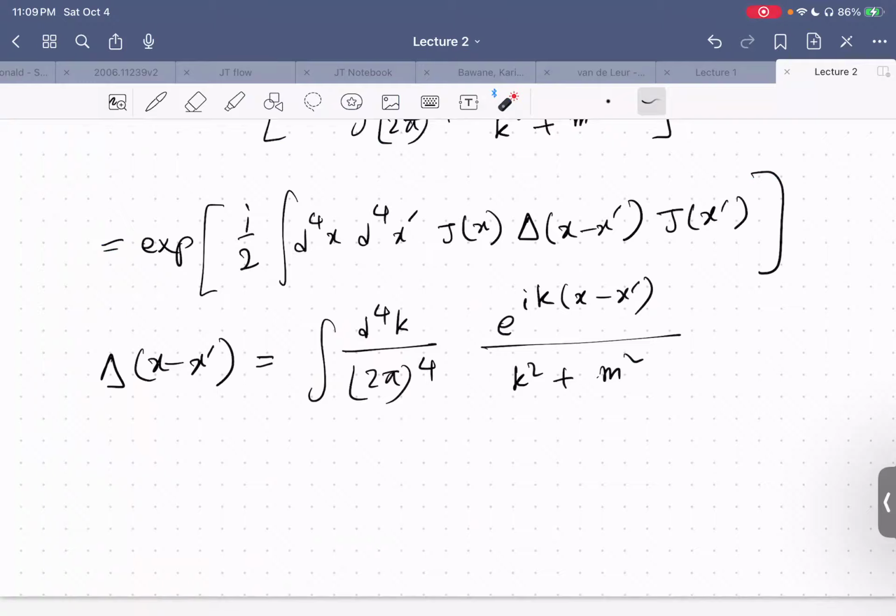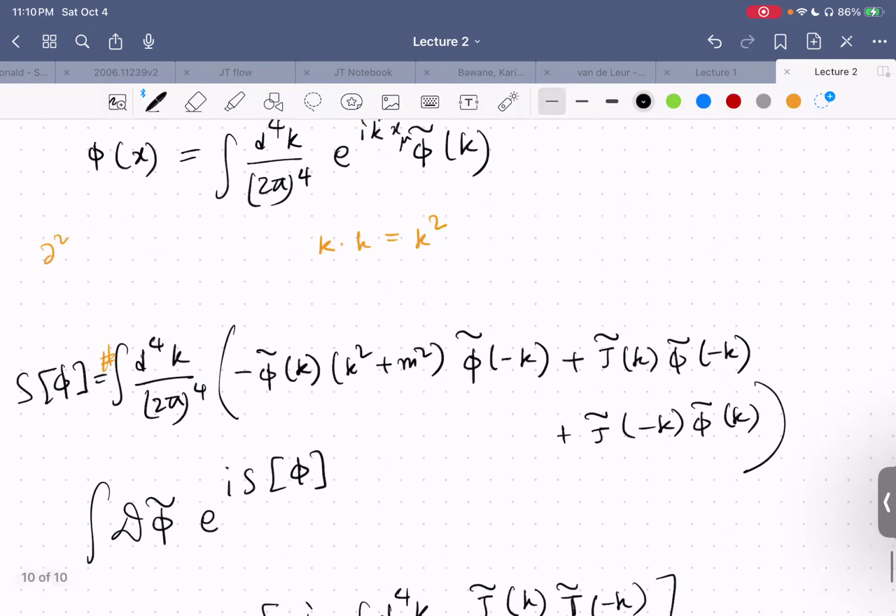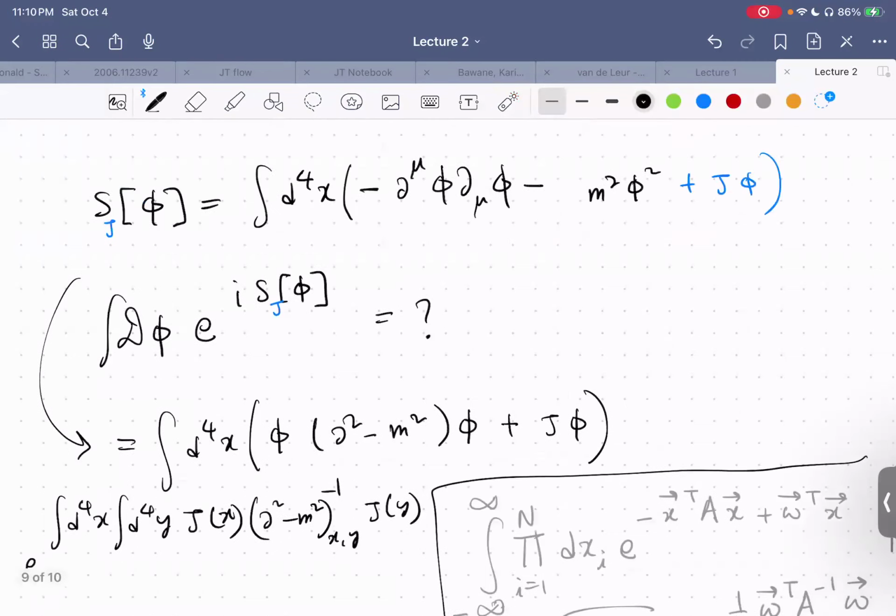And that's where interacting quantum field theory comes in. So this action where you only have terms that are quadratic in your field is referred to as a non-interacting theory or a free theory. And the reason is quite simple. So if you have an action that's quadratic, what is the equation of motion that you get?